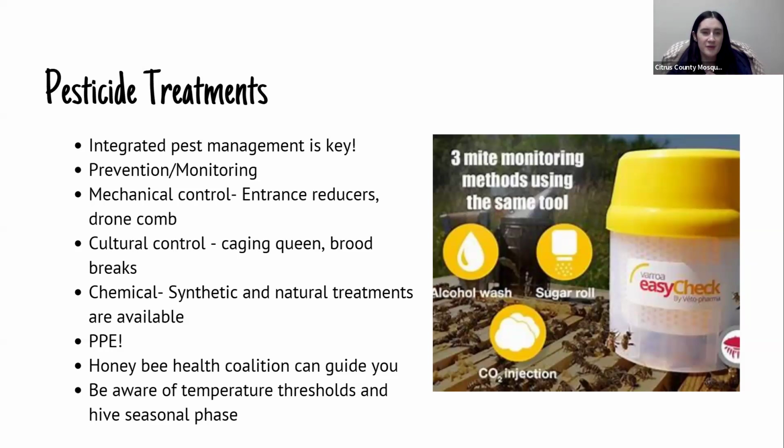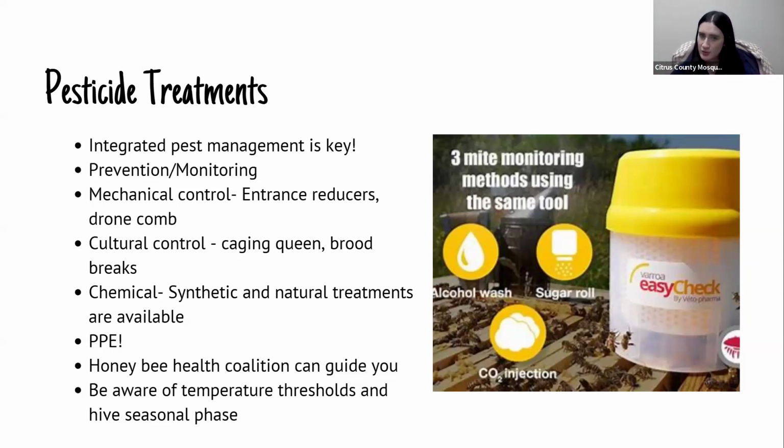So if you put a frame of drone comb in your hive and take it out once it's full of drones before they hatch out, freeze it, then yes, you lose all those bees, but you also kill a bunch of mites. That's a really good way to control them without having to use a pesticide product.